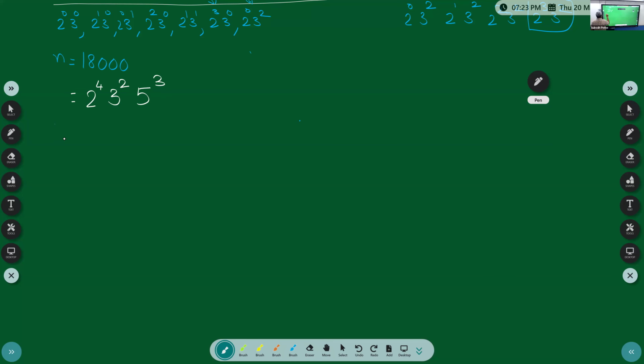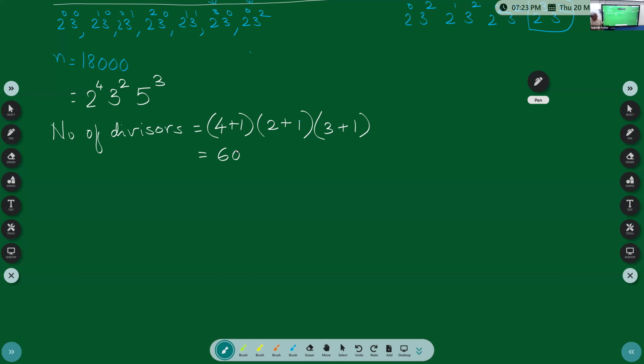Okay, therefore number of divisors equal to (4 plus 1) into (2 plus 1) into (3 plus 1), which is equal to 60. Why 4 plus 1? Because index of 2 will start from 0 and stop at 4. Index of 3 will start from 0 and stop at 2. Index of 5 will start at 0 and stop at 3.